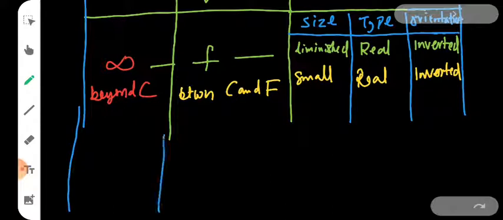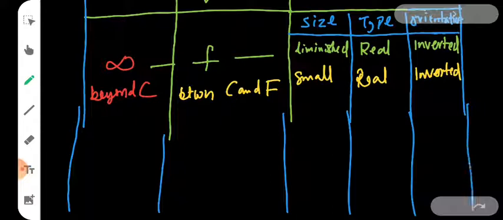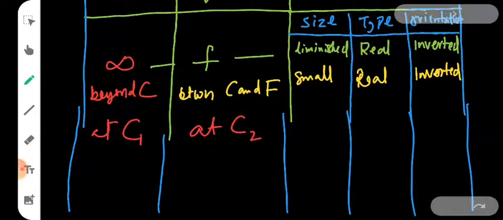So where was the object? The object distance u was at C, and where was the image formed? Again at C. It is C1 in specific, and this must be C2. So you understand where they are.